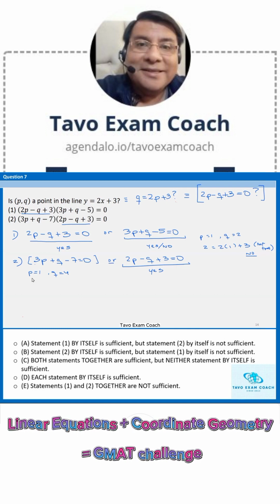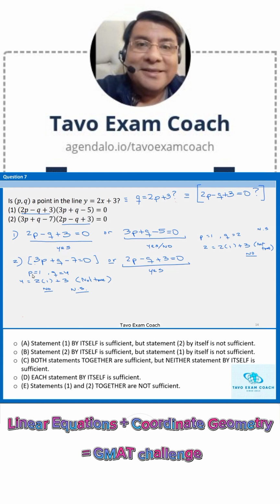But these two values, if you insert in the equation of the line, 4 equals 2 times 1 plus 3, this is not true. So that means that point (1, 4) is not a point in the line. Okay? It's a no to the question, so it's not sufficient either.